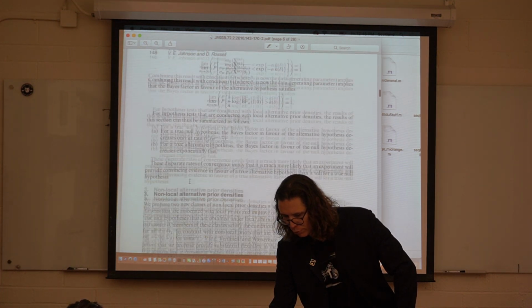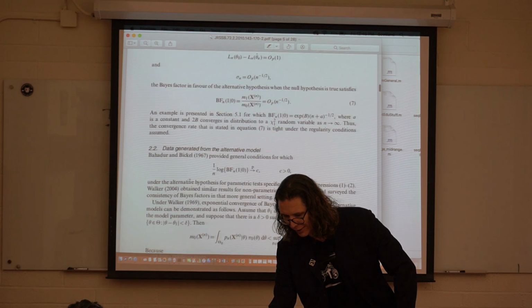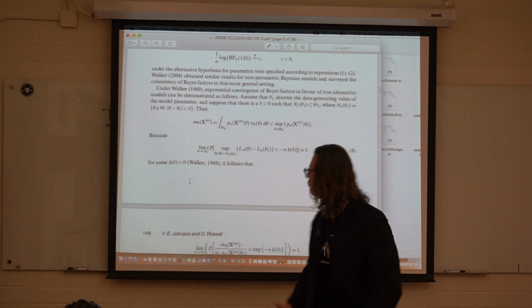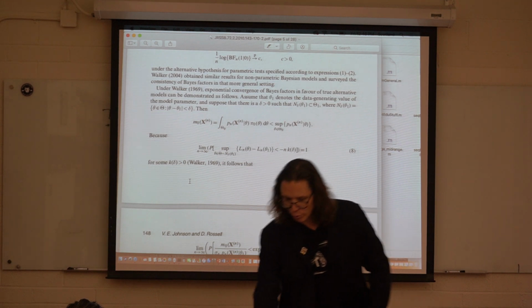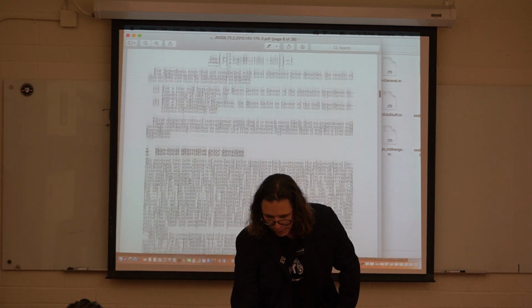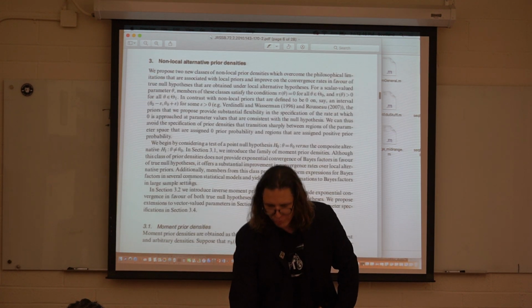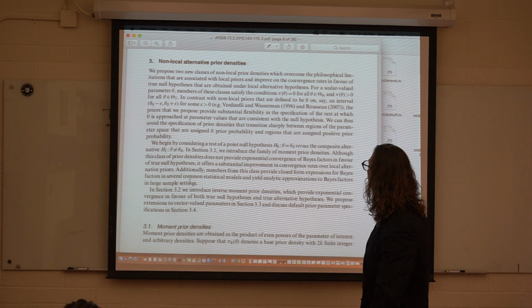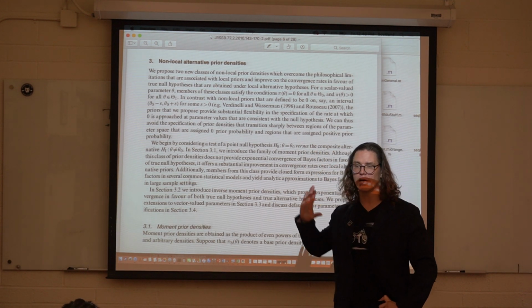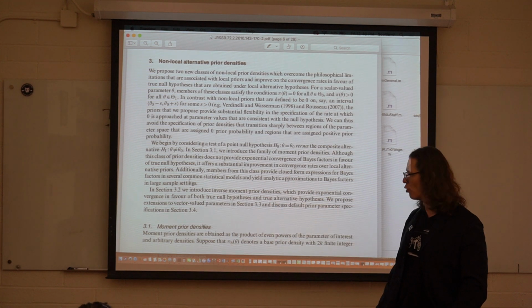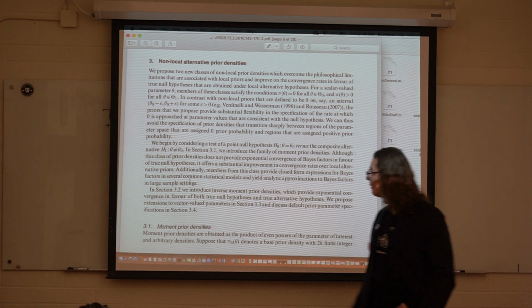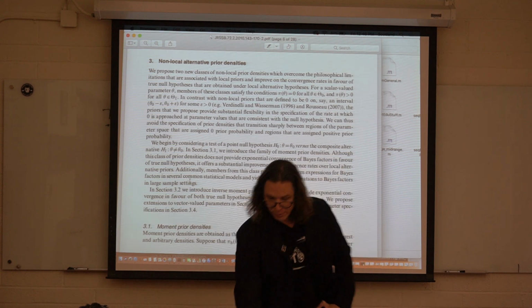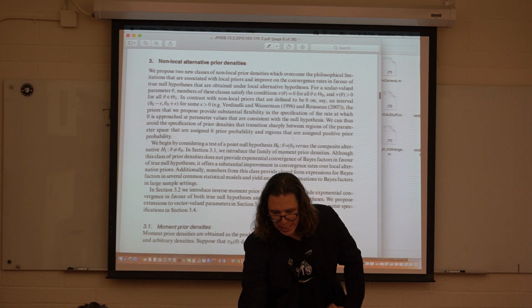So I'm going to show you the prior that he used. It takes a while to get into it, but he ends up proving a whole bunch of stuff before we begin. But I think everything really starts in this part of the paper, non-local alternative prior densities. There's a lot of discussion of using that normal prior before it gets to this, but this is the meat of the paper right here.